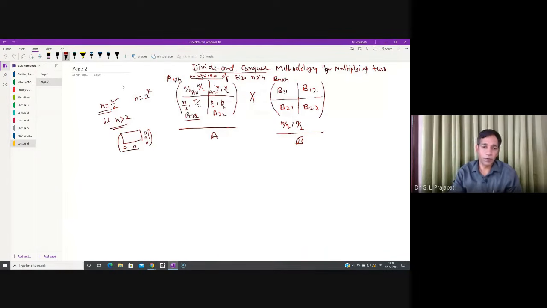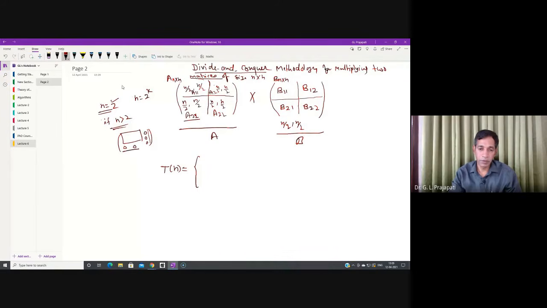If you go for the recurrence equations for divide and conquer, let T of n be the number of operations required for multiplying two matrices of size n by n. Once you go for divide and conquer, we see how you can obtain the recurrence relation.